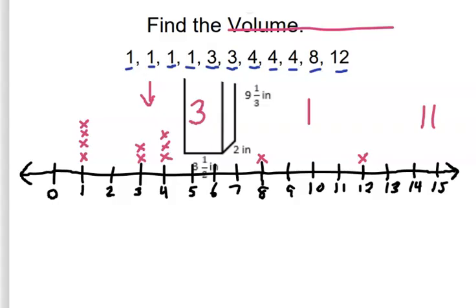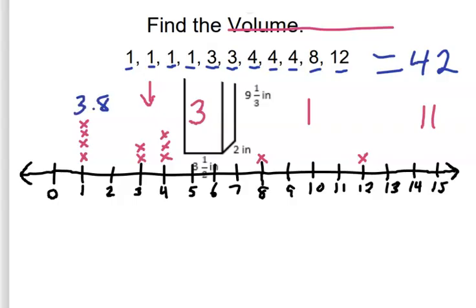We have 12 plus 8 plus 4 plus 4 plus 4 plus 3 plus 3 plus 1 plus 1 plus 1 plus 1, and that equals 42. So if we add them all up, that gives us 42. Now we take 42 divided by 11, and that gives us 3.8. So the mean is 3.8.